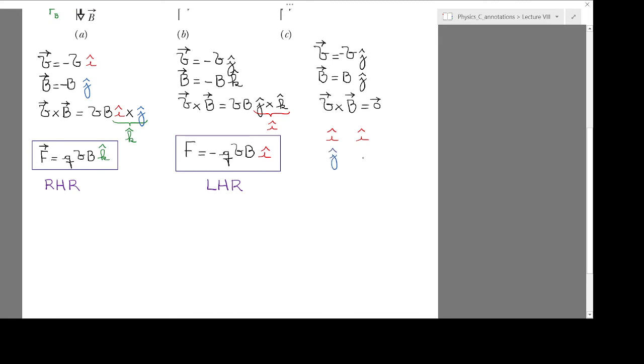So if you have this kind of product here, a vector product between parallel vectors, this is going to be the 0 vector. Just as a reminder. This is going to be 0, guys, so you don't have to worry about it.